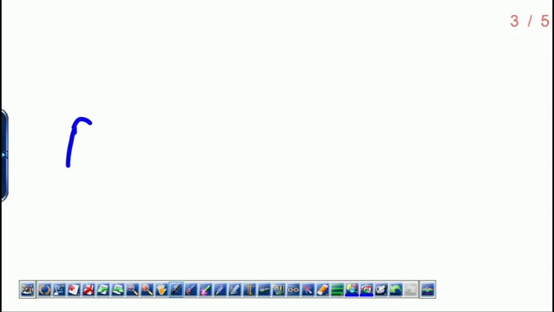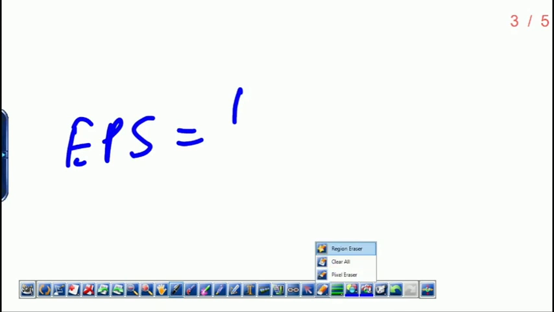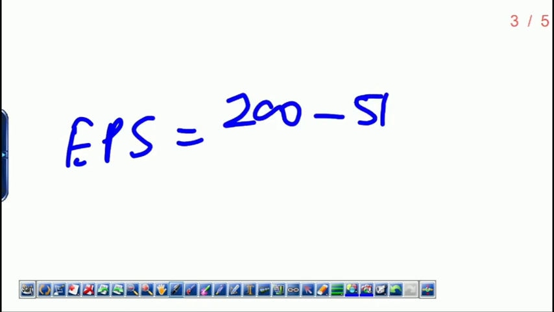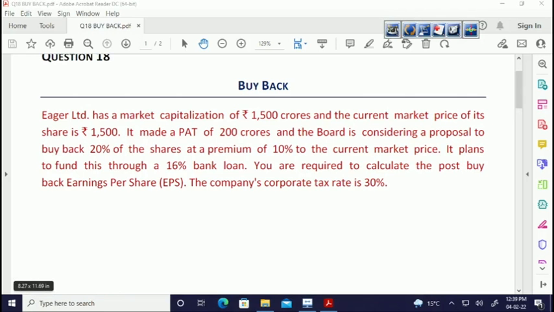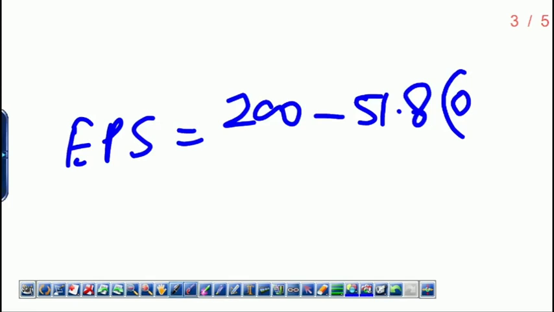So EPS will be the PAT, which was 200, minus the post-tax interest. What was the tax rate? 30%. Sorry, interest was 52.8, so 52.8 into 0.7. I've deducted the post-tax interest.